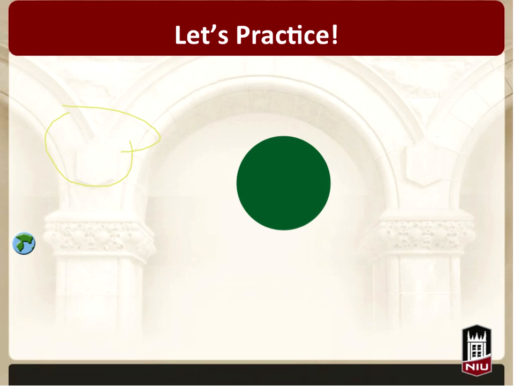So draw a green circle, a filled in green circle. Not just with a pen tool, so somebody drew one with a pen, but actually use the shape tool. Someone did an oval, which isn't a circle, it's an oval. So I'd like for you to try to do a circle. There we go. Someone got a yellow one very close, a very light green.